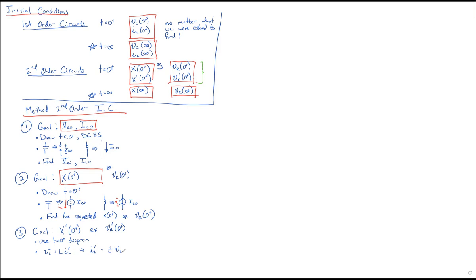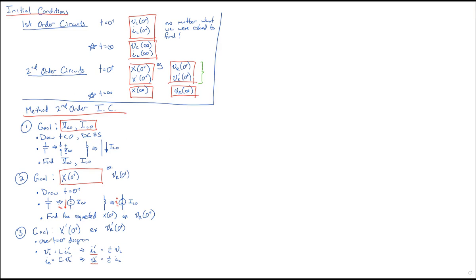So therefore, you can now find this first derivative value. Similarly, you know that I equals C dV/dt. And so you can solve for V C prime. It's just equal to 1 over C times I sub C. And again, you just found from step 2 all of the voltages and all of the currents everywhere. So you've found the current through that capacitor. So plug it into this equation, and now you've found 2 derivative values, I sub L prime and V sub C prime.